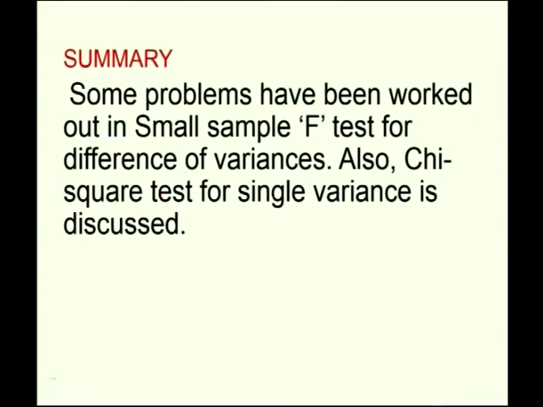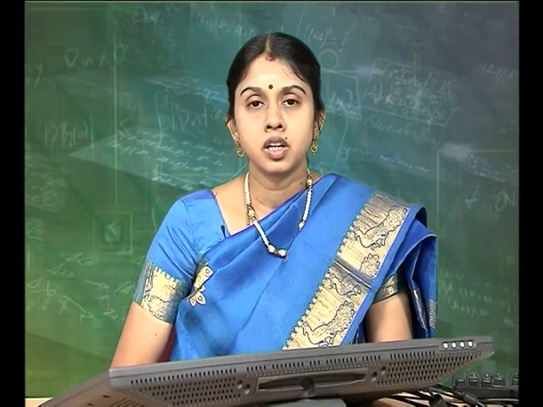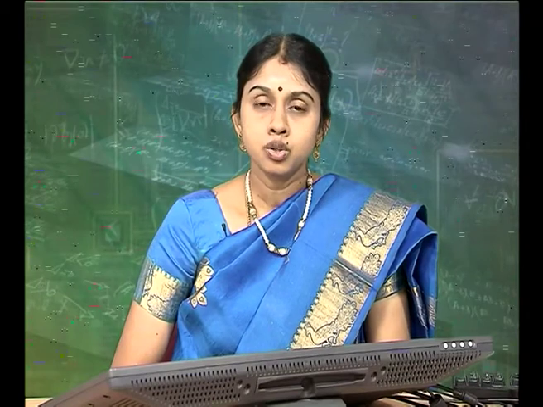In this session some problems have been worked out in a small sample test, that is F test for testing difference of variances. A problem has been worked out where the sample variance and the size are directly given.